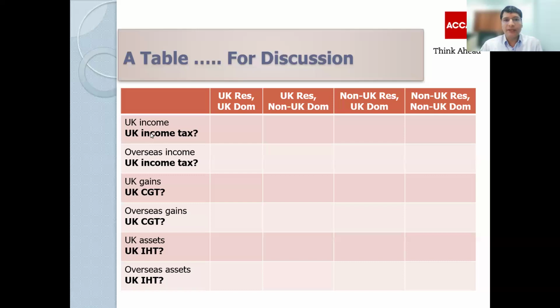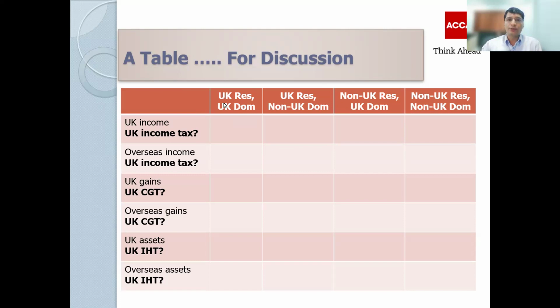For the purpose of income tax, UK domicile or non-UK domicile is not greatly relevant. We'll come onto that shortly, but for now, any UK income is liable to UK income tax regardless of the residency or domicile status of an individual.